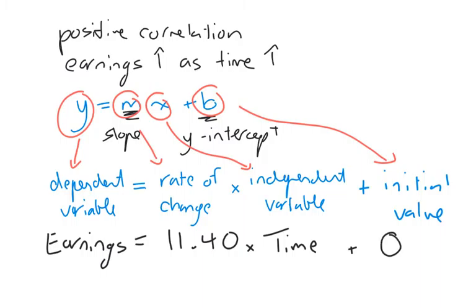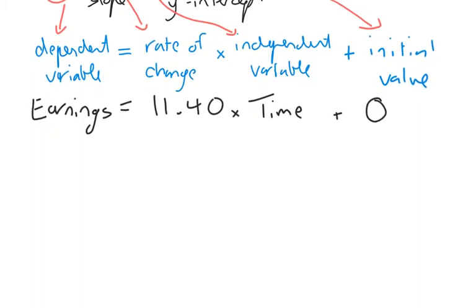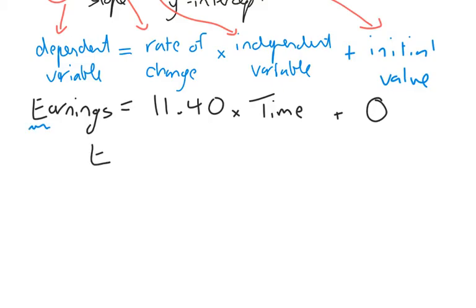With that, we can go ahead and simplify this. Instead of saying earnings, let's just simplify that to a single letter. Let's just call that E. All right? And 1140 stays the same. This multiplication sign isn't really necessary, okay? And instead of writing time, you can just use the variable of t. So I'm going to use t, and I'm going to put it right beside 1140.